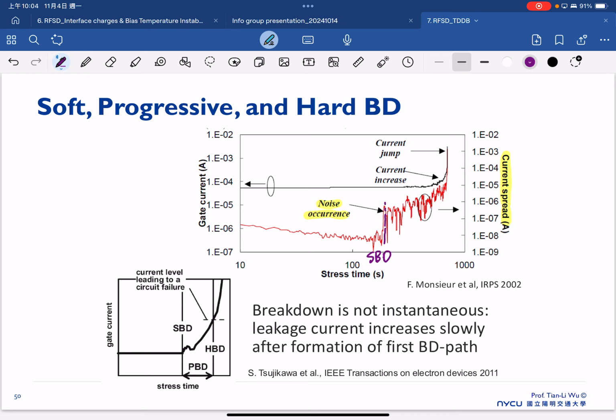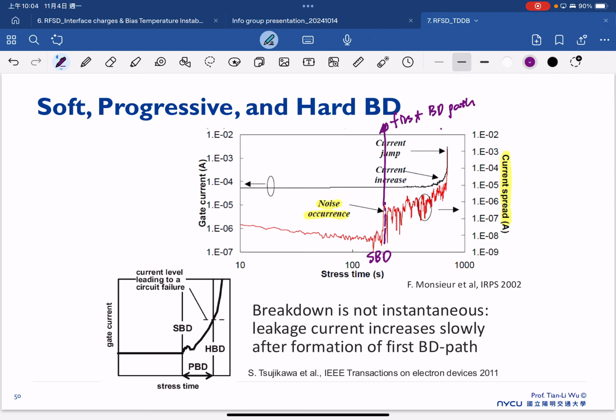The reason we have a soft breakdown is because this is the first created breakdown path. Sometimes even if there's a first breakdown path, it doesn't mean the path is enough to completely destroy our dielectric, enough to have the huge current through. So now we will gradually get more and more breakdown paths until we reach the hard breakdown.